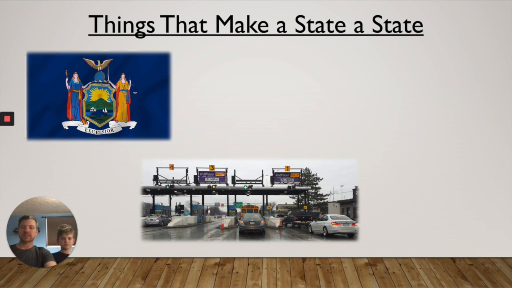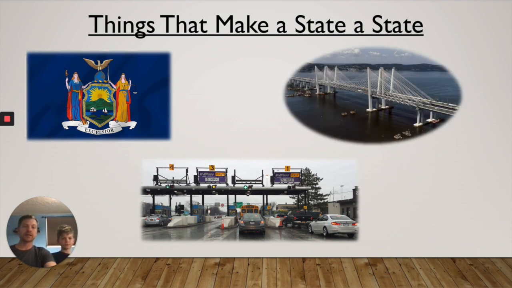Another thing that makes a state, or sort of like what do they do? You might not know what this is. It's a bridge. It is a giant bridge, and it was built recently, and it crosses the Hudson River down near New York City. The state, I think, spent over $1 billion to build this bridge. That's a lot of money.